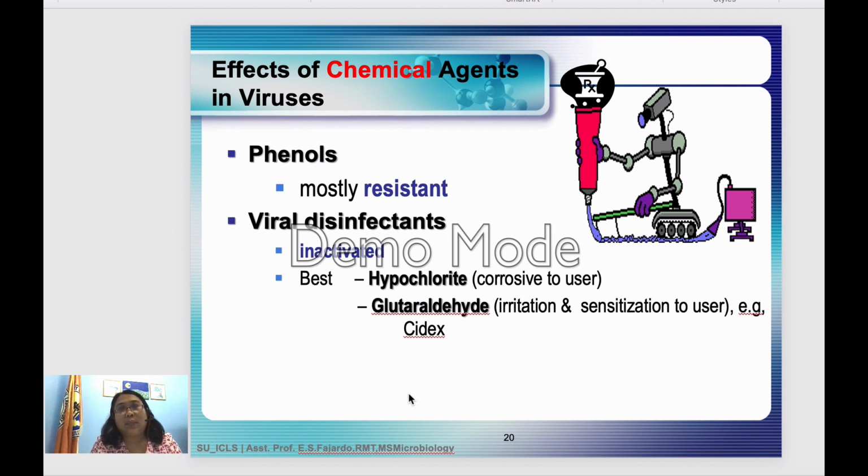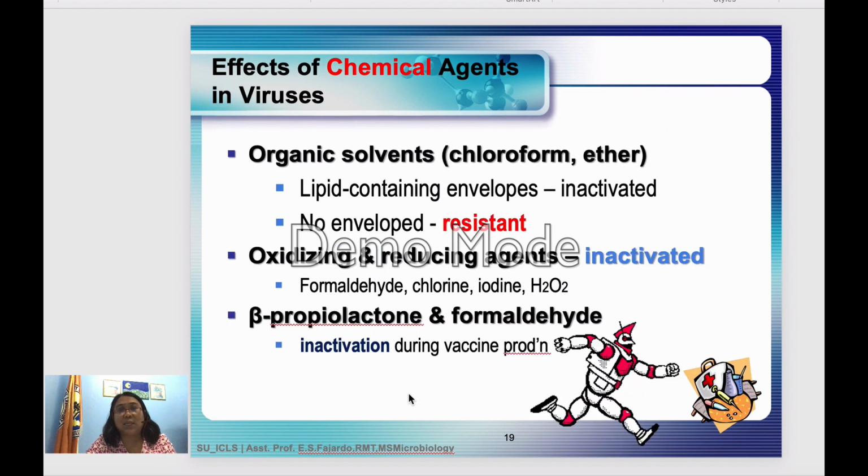So basically, when we use alcohol, it has no effect on the virus, except for some very susceptible ones that are enveloped. But most viruses are resistant to alcohol. Okay, so if you notice here in the oxidizing agents, there is no alcohol in the list.